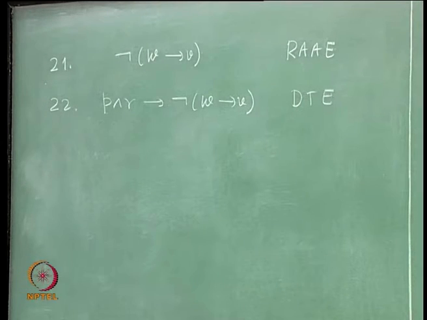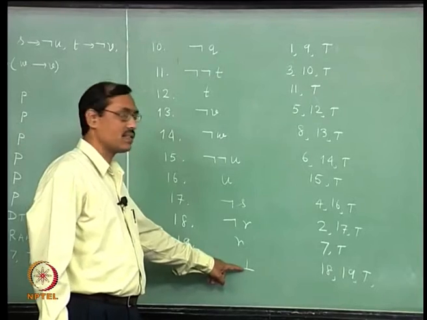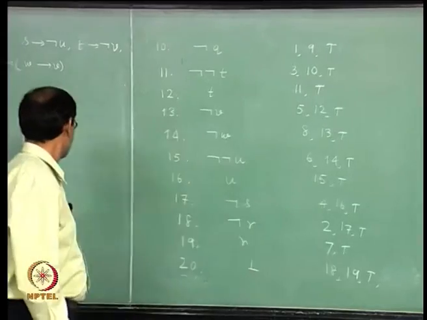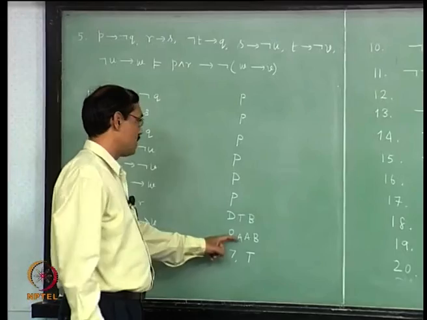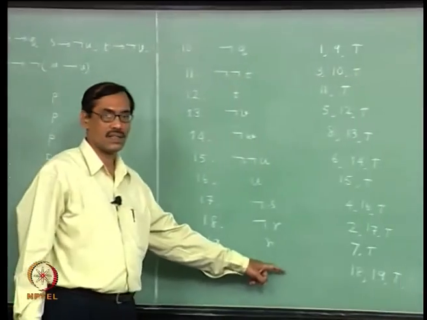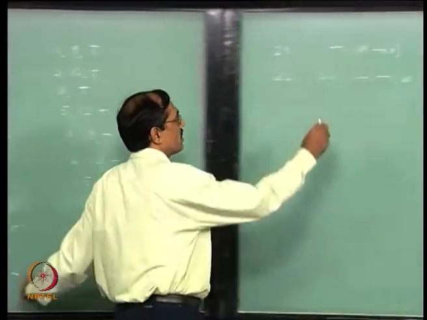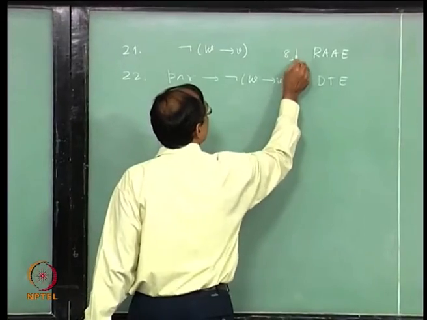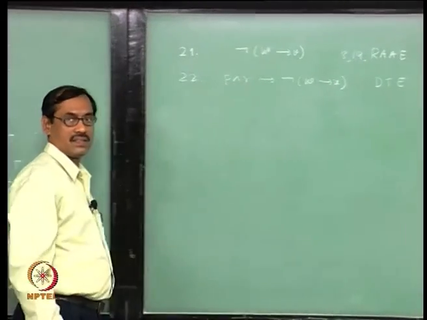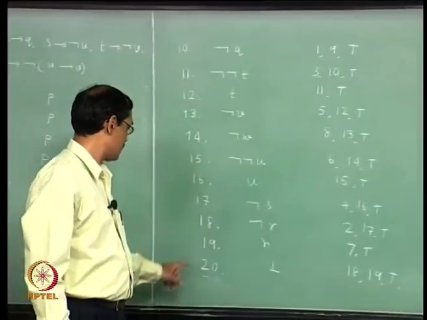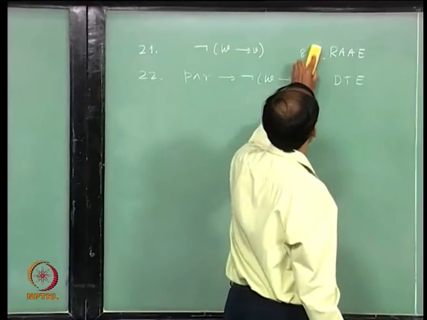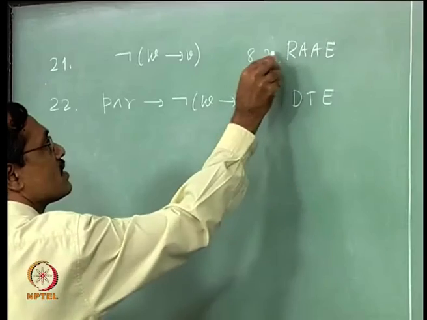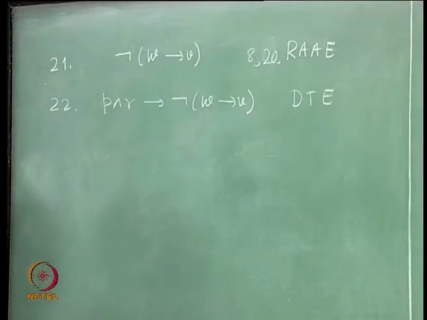And you can also document the line numbers, like you are getting this RAA due to 7th line, 8th line and 19th line, right. So, here you can document as 8, 19 RAA, okay, 8 and 20, because on 20th only you are getting a contradiction, fine.